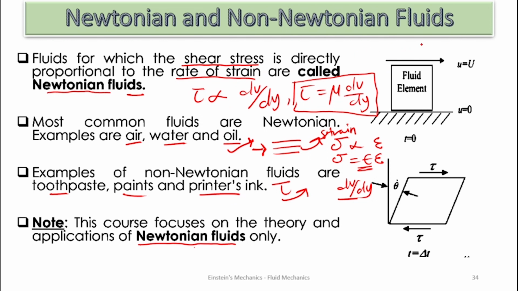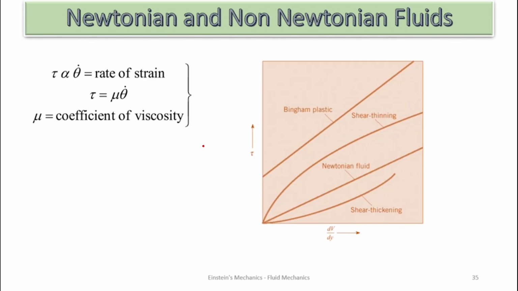Let's look at their behavior in diagram form and look at their graph. For Newtonian fluids, we saw that the shear stress is equal to mu times the rate of strain, where mu is the coefficient of viscosity.